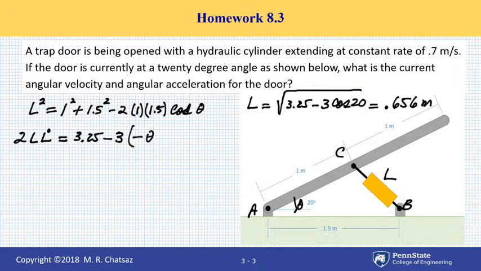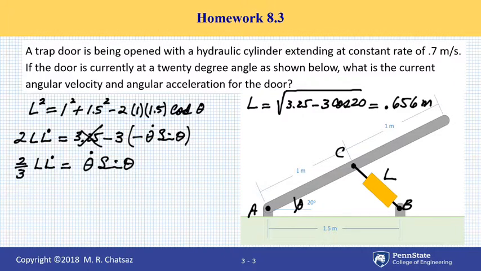So I have minus theta dot sine of theta. I made a mistake here. The derivative of this constant value is actually 0. So what I have at this point is 2L L dot equals 3 theta dot sine of theta.